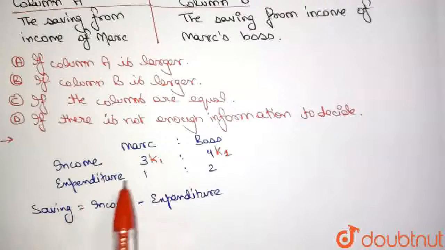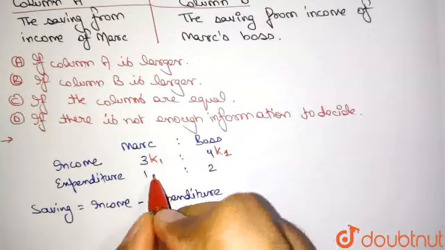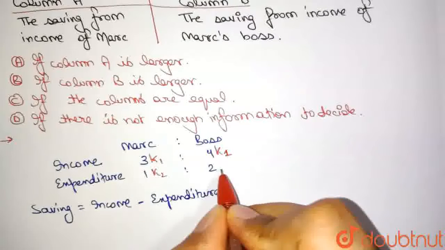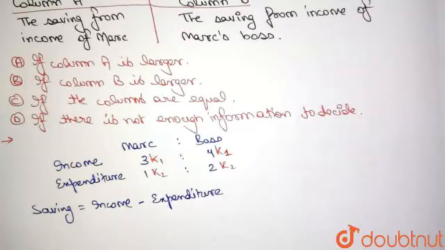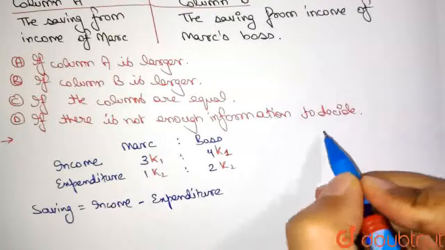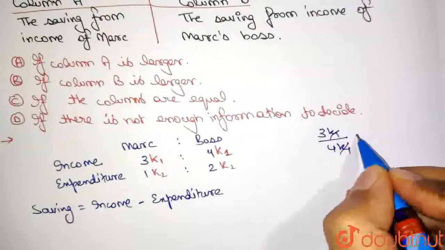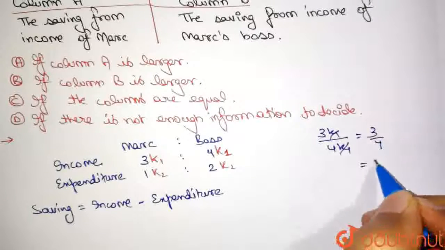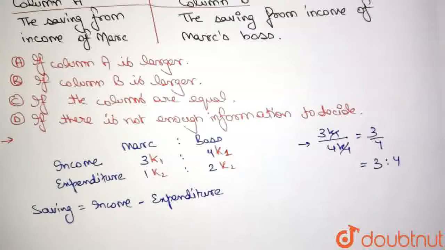Similarly for expenditure, since this is an entirely different ratio, this was for income so we took constant k1, but for expenditure we are going to take a different constant k2. So it's going to be 1k2 is to 2k2. If I take the income ratio of Mark to his boss, it's going to be 3k1 upon 4k1, and k1 cancels out, which equals 3/4, represented as 3:4.